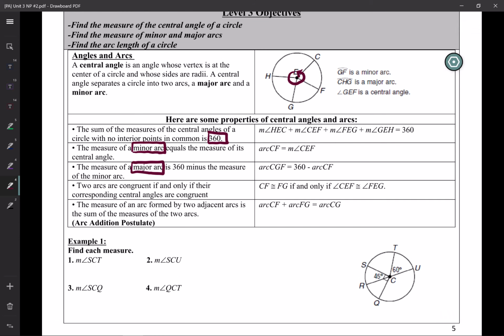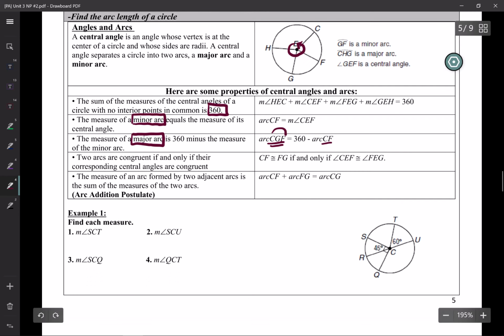The key thing is that when we name major arcs, we use 3 points, and to get its minor arc, I just use the 2 points on the end. So the minor arc of this major arc is just CF. I know it's a minor arc because we only have 2 points.